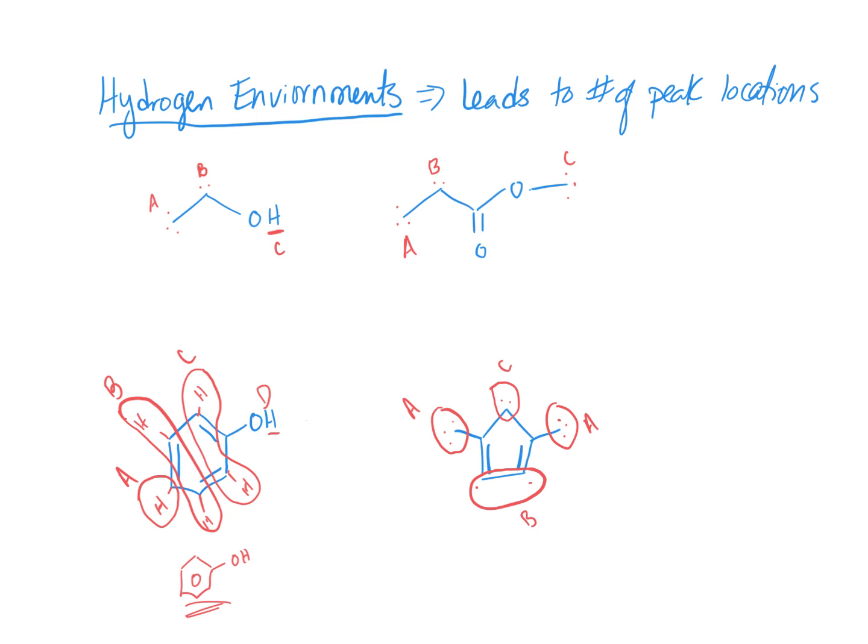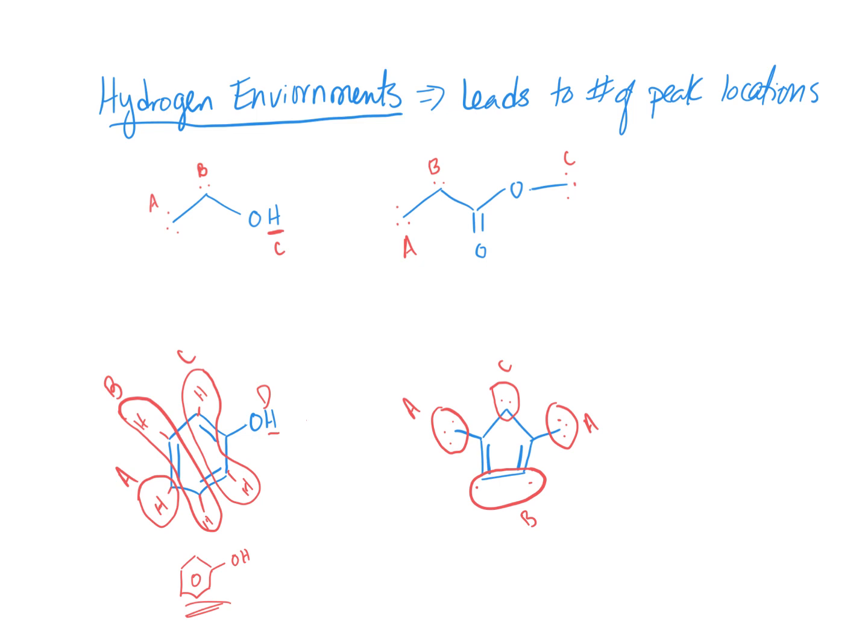I want to go back and state one more thing on this benzene ring. It is the case that you should have A, B, and C with different peak locations, if you have a strong enough magnet and if you can zoom in close enough on the spectrum itself.